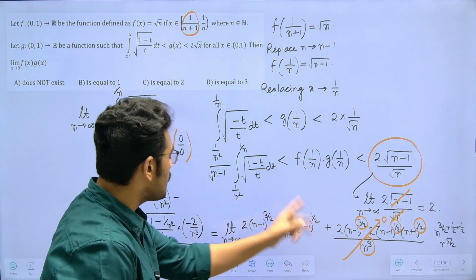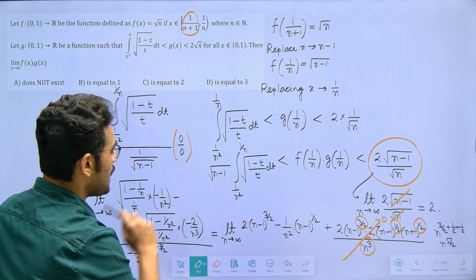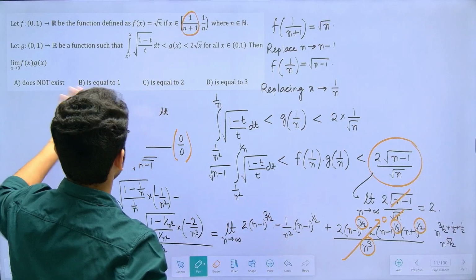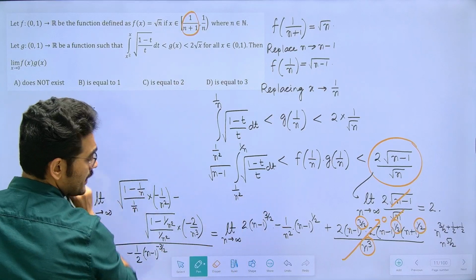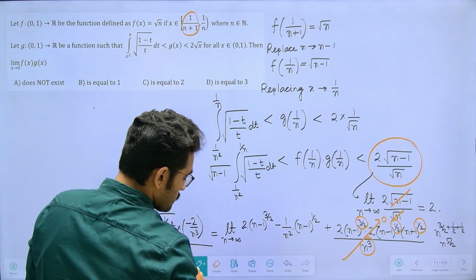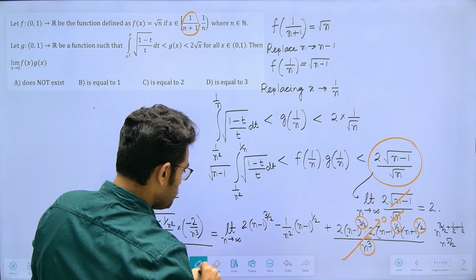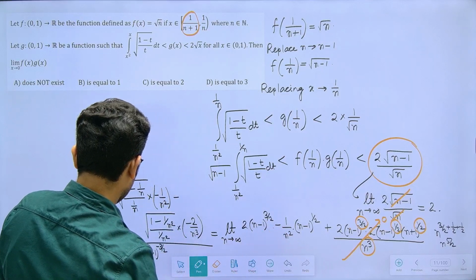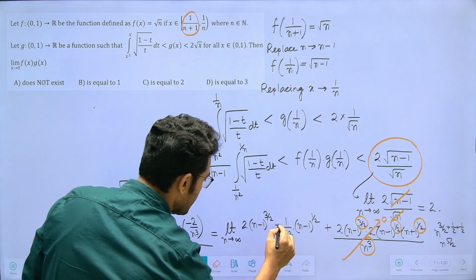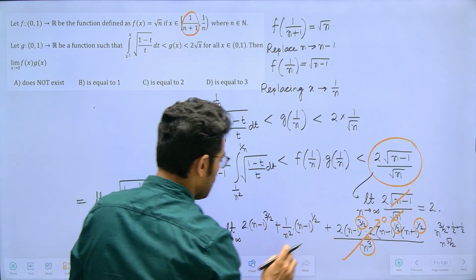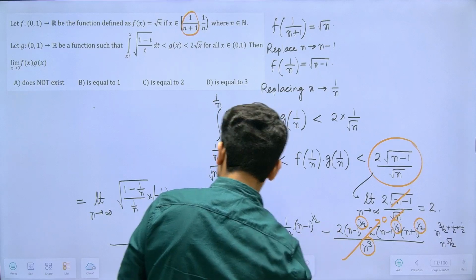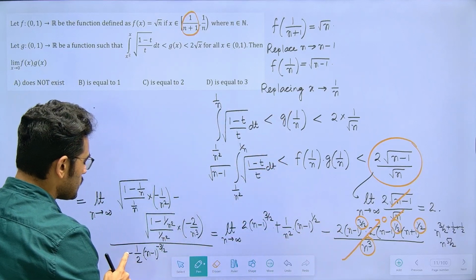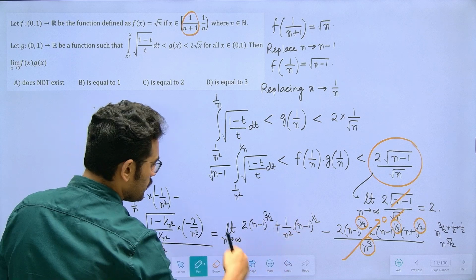So we should concentrate on this part. If you analyze, what is the limiting value? I think here a plus sign will be there, and in the second one a minus sign will be there, because one negative was in the denominator also, so negative into negative will be positive.